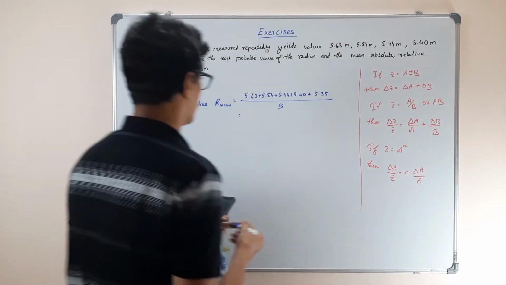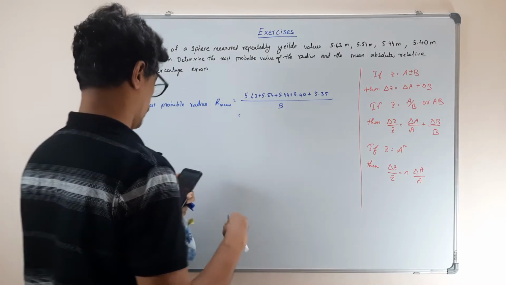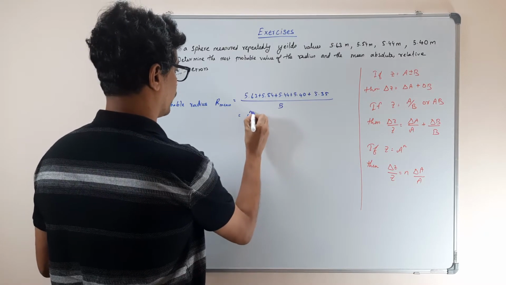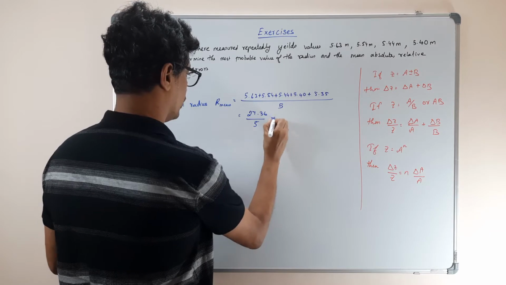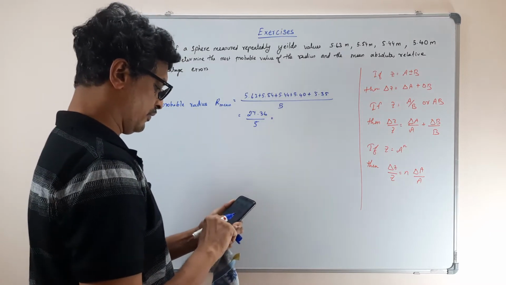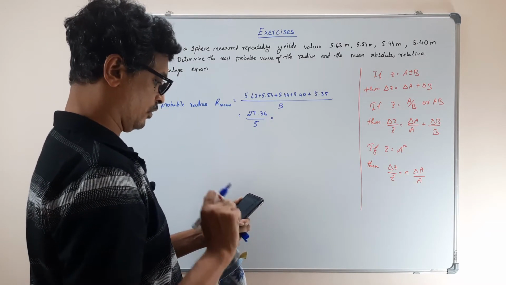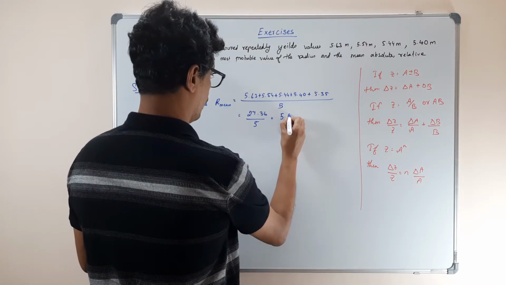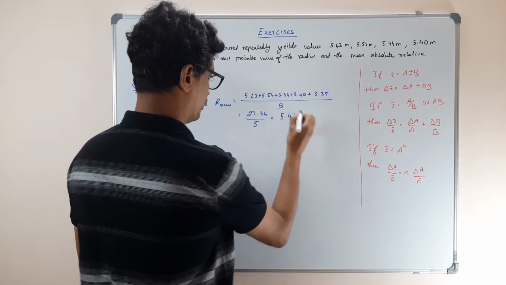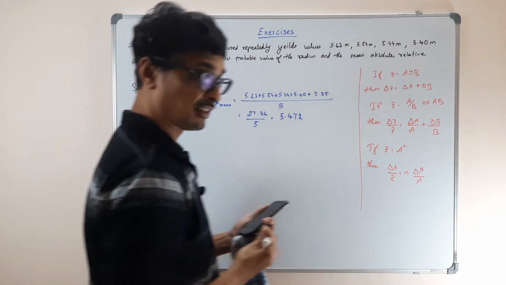Yeah, that should be correct. 27.36 divided by 5, correct? So that divided by 5 equals 5.472.